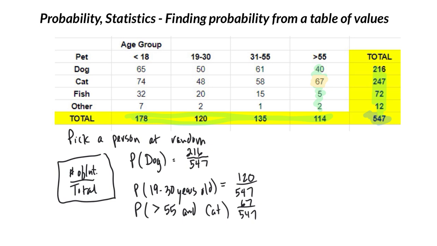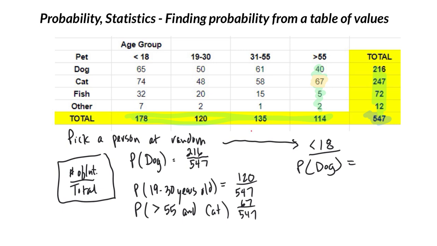Now, if I change the wording just a little bit, we call it a conditional. If I said, you picked a person at random and they were under 18, I give you that piece of information. That's given. And I say, if you know that they're under 18, what's the probability they have a dog? Well, what this conditional does, I'm going to make a little note here.